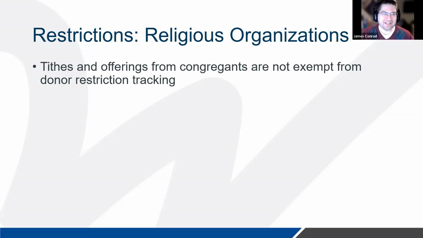So your offering plate, your tithes and your offerings, when you pass the plate each week, they are not exempt from donor restrictions. Donors can still have restrictions on them. Now, if it's money that's just coming in the plate, more often than not, it's just going to be unrestricted dollars.